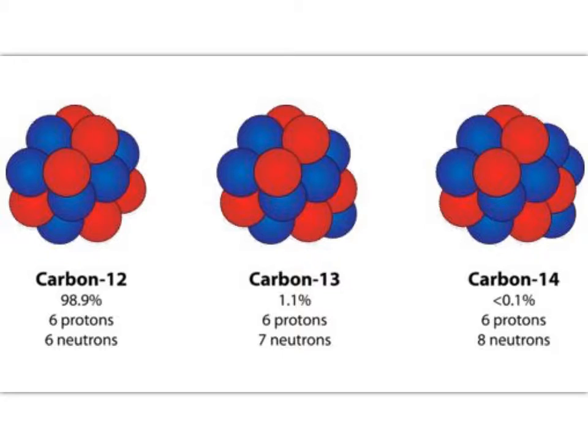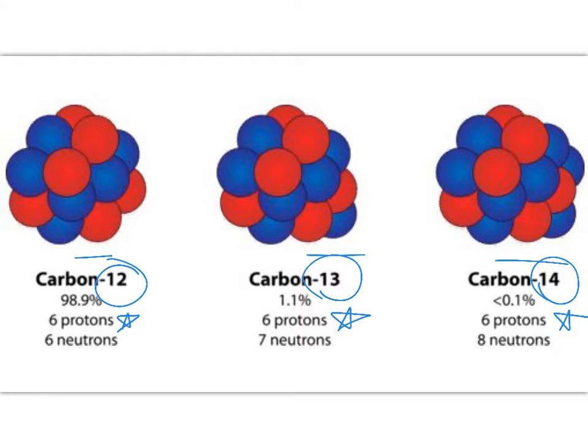And here's another example of some isotopes, just so you see a different version of it. Here we have the 3 major isotopes of carbon, carbon-12 having a mass of 12, carbon-13 having a mass of 13, and carbon-14 having a mass of 14. You'll see that they all have the same number of protons because guess what? All carbons have to have 6 protons. But what changes is the number of neutrons that they have.